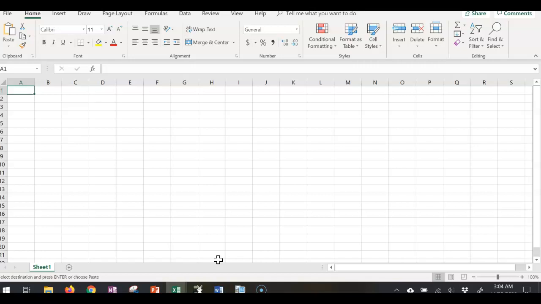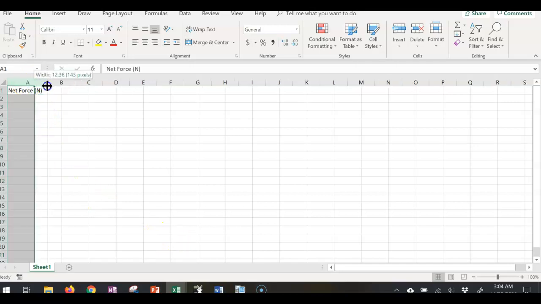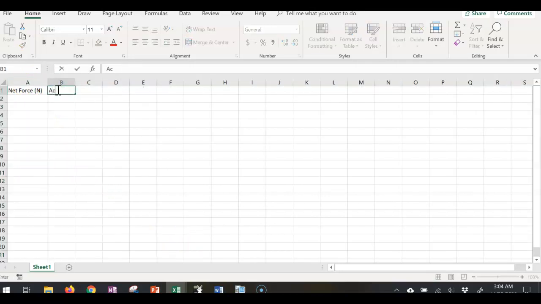So first I'm going to set up a data table. The independent variable goes on the left, and that is the net force, which is measured in newtons. The dependent variable is the acceleration, which is measured in meters per second squared.